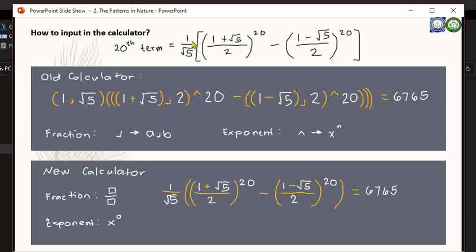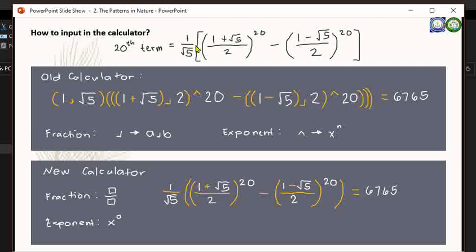Since this is quite a complicated value, in the old calculators you have to be careful. So 1 divided by square root of 5: the divide function is that inverted little L something in the calculator, which you can see below the shift function. And there is an arrow pointing to the top, which simply signifies exponent.